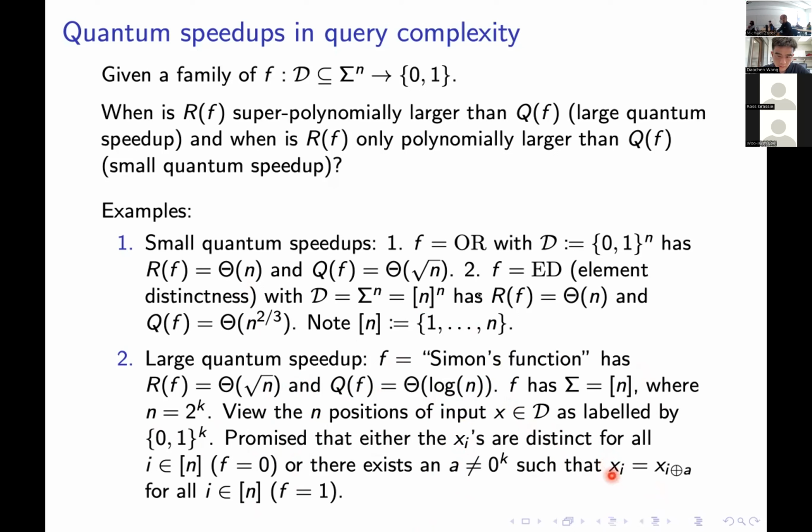Here it's the Z2 to the n group, whereas Shor's algorithm works over Z. So these examples show that query complexity captures a lot about what we know about quantum speedups, and it motivates us using query complexity as a measure of quantum speedups.